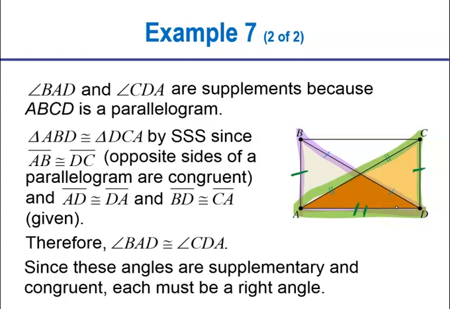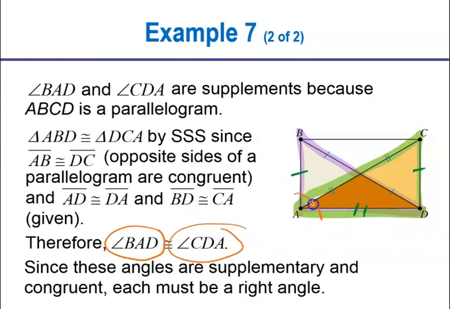Therefore, triangle BAD is congruent to CDA. Again, why is this? What are you supposed to answer there? Are you completely lost? That's okay. So this is saying angle BAD is congruent to angle CDA.